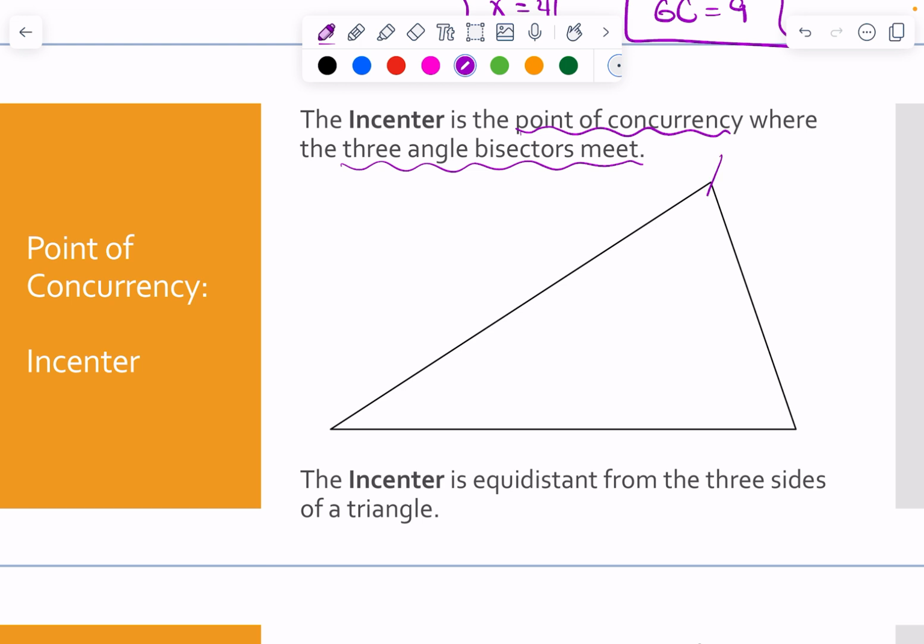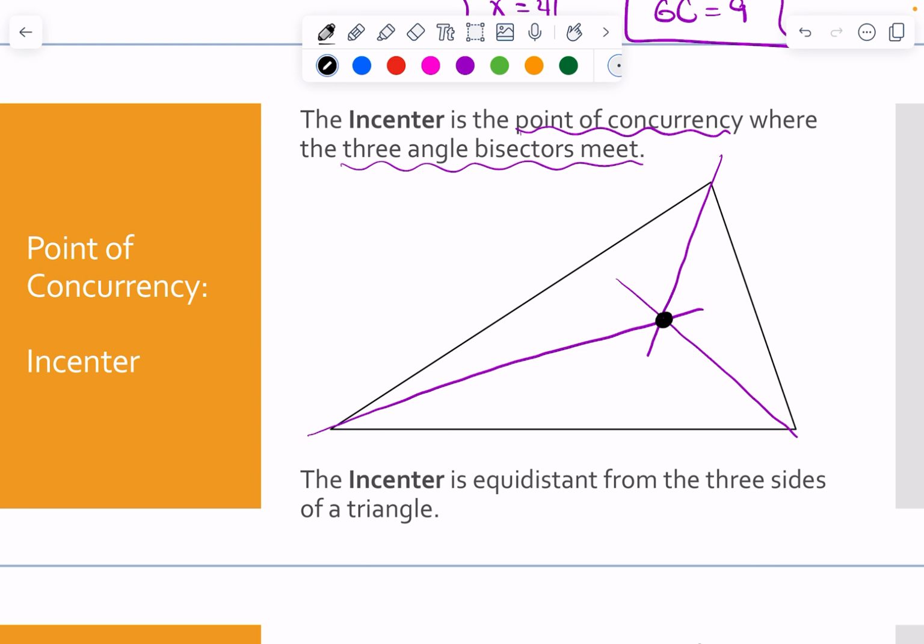What we'd be looking at here is something like this. We'd have something like this, and we would have something like this. So this point right here would be the incenter. Okay?